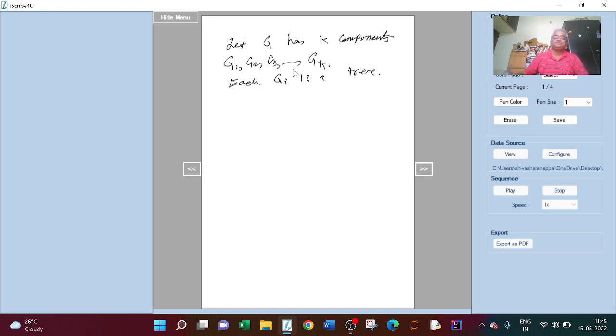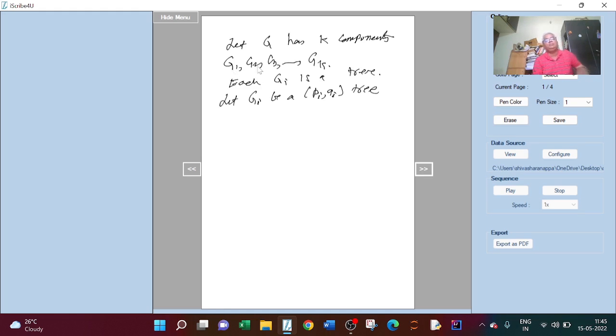Okay. Now let Gi be a PiQi tree. So G1 is a P1Q1 tree, G2 is a P2Q2 tree, G3 is a P3Q3 tree, Gk is a PkQk tree. Right?